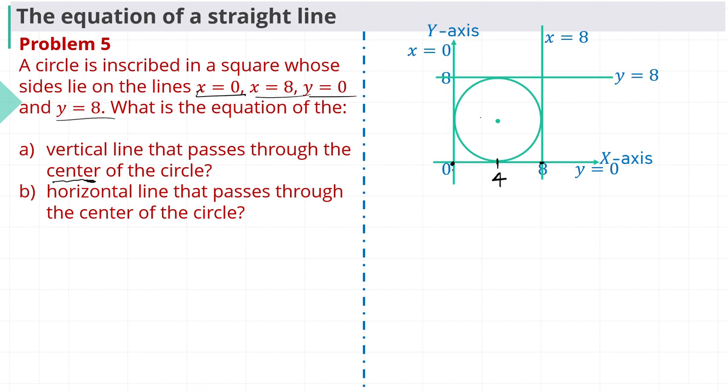On the y-axis, the diameter is 8 units from the origin 0 up to the point 8. And so the midpoint of this distance is going to be 4. The coordinates of the center is therefore (4, 4).